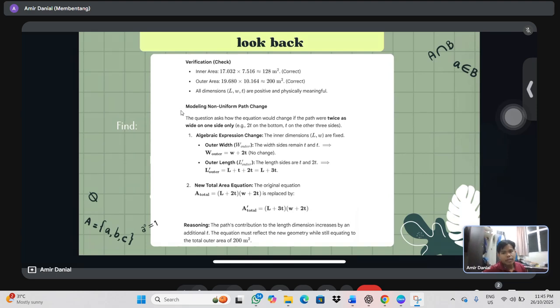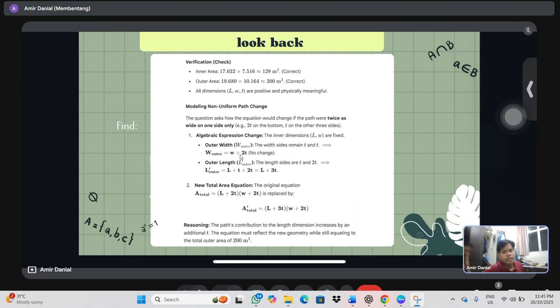So modeling non-uniform path change. The question asks how the equation would change if the path were twice as wide on one side only. So for the algebraic expression change, the inner dimensions L, W are fixed. For the outer width W outer, both width sides remain T, so W outer equal to W plus 2T.